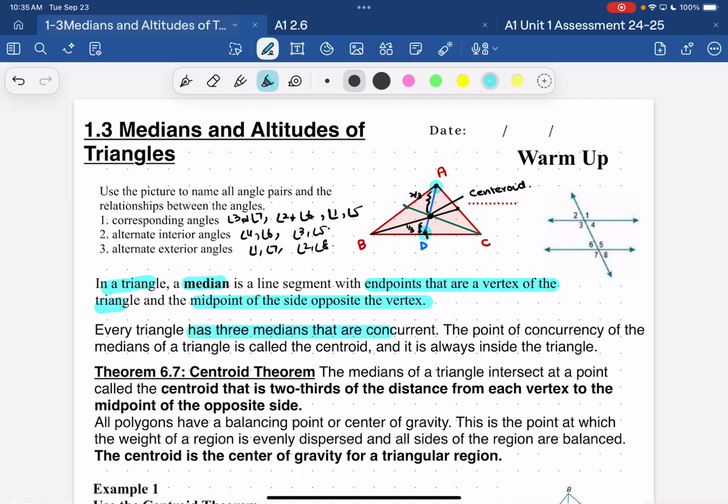The point of concurrency means they are congruent to each other. They are equal to each other, right? No? Concurrency means they meet at a point. Perfect. The point of concurrency of the medians of a triangle is called centroid, and it is always inside the triangle.